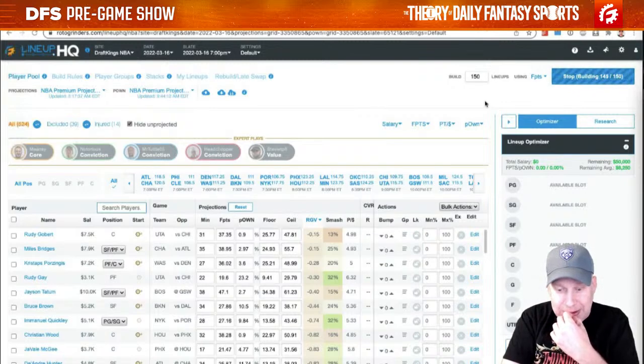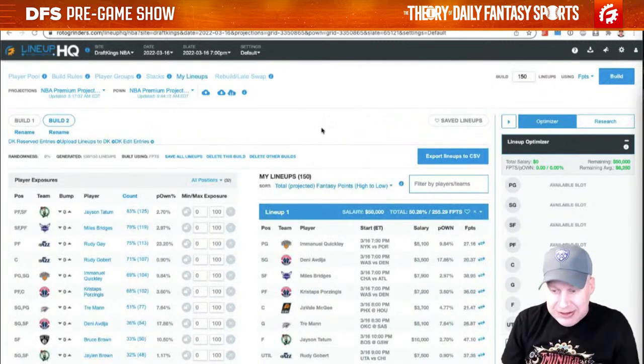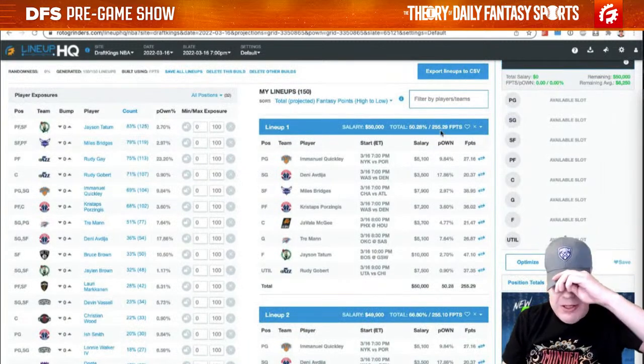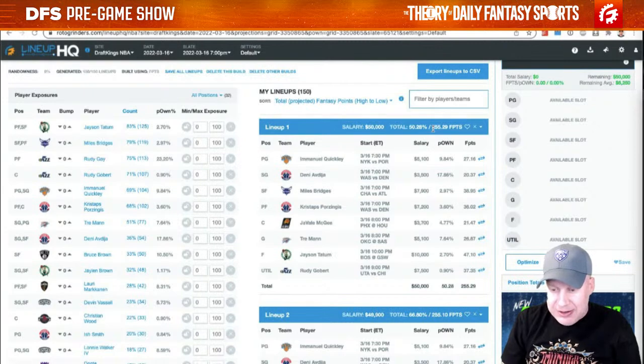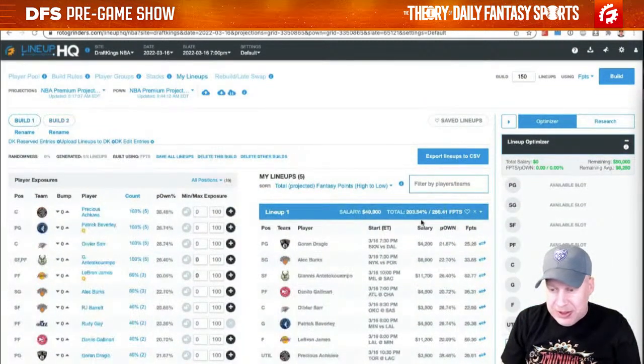Okay, let's see. What do these lineups look like? Oh, total ownership is 50%, and the projection is 255. Look at the ownership here. 255 compared to 286. So you're dropping 31 fantasy points of median, and of course you're getting very low owned lineups.